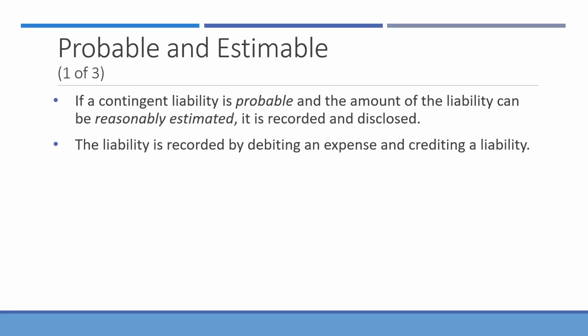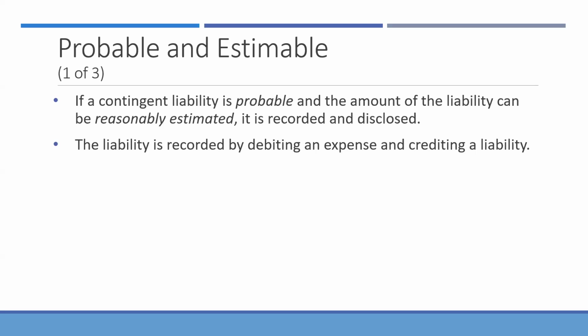If a contingent liability is probable and the amount can be reasonably estimated, then it is recorded and disclosed. Picture a building that has asbestos. We know that we are probably going to have to do a cleanup of that building at some point in the future. And the cost of an asbestos removal from a building is pretty easy to estimate.